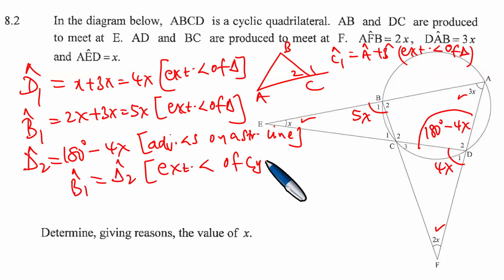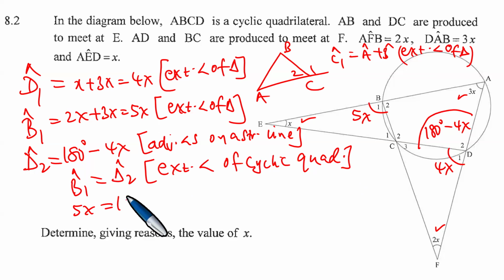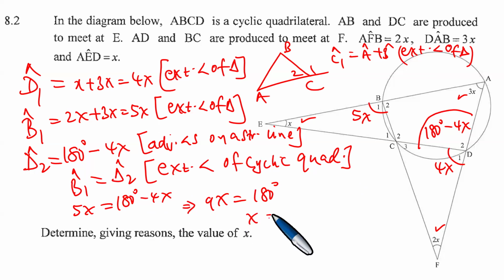So the angle B1 is 5x, and the angle D2 is 180 degrees minus 4x. Bring this one across and it becomes 9x is 180 degrees, which means x is 180 degrees divided by 9, and that is exactly 20 degrees.